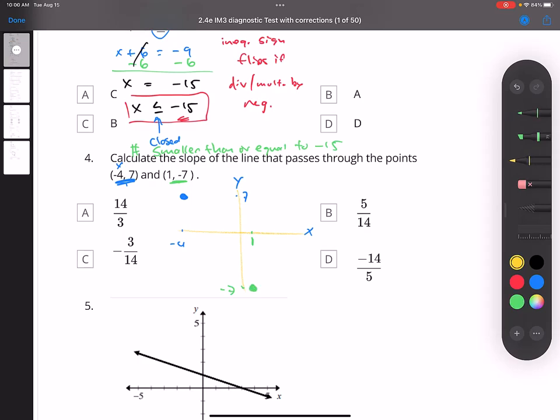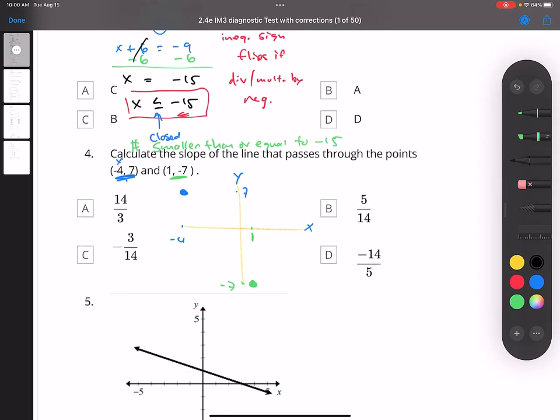Okay, from here, I'm going to create a triangle. The reason why I created this triangle is you can see that this is called our rise. Rise goes up or down. And this is my run, which goes left or right.